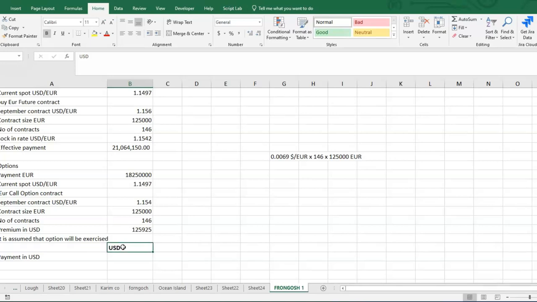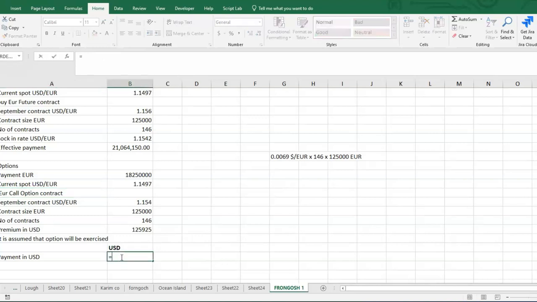Whenever you are exercising the option, listen carefully, answer will always be in home currency. So you need to calculate dollar here. If you are buying euros, euro call means you are buying euros, you have to pay the dollars.